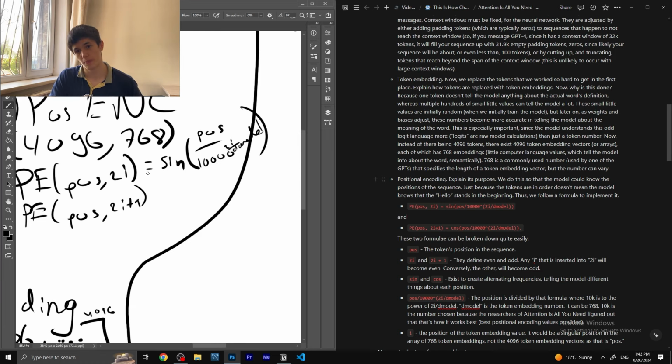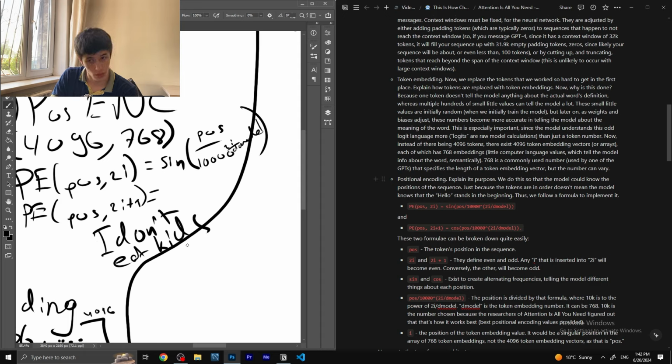So these formulas are applied so that the model could understand the position of the token. Essentially, we do this so that the model could know the position in the sequence. Just because the tokens are in order doesn't mean the model knows that hello stands at the beginning. It could literally mix up anything. If I say, I don't eat kids, but the model doesn't understand the positions of the words, it could interpret it as, don't I eat kids?